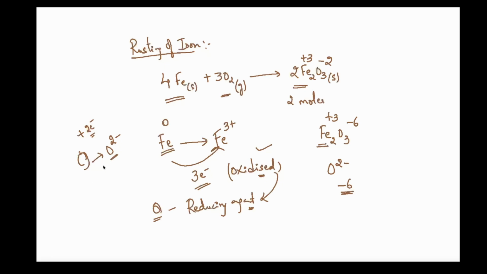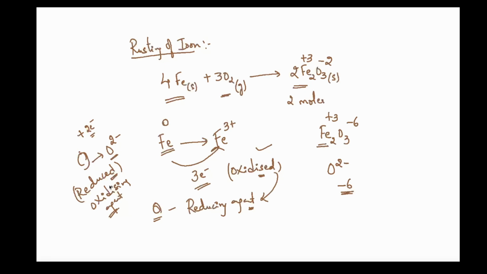Okay, now because oxygen has gained 2 electrons, we can say that the oxygen atom is reduced, but it is acting as the oxidizing agent because it has oxidized the iron atom in this process. By itself getting reduced, oxygen has oxidized the iron atom.